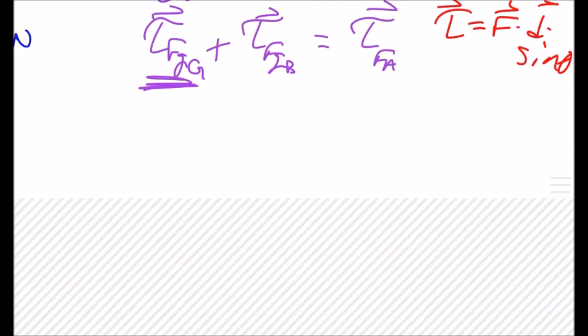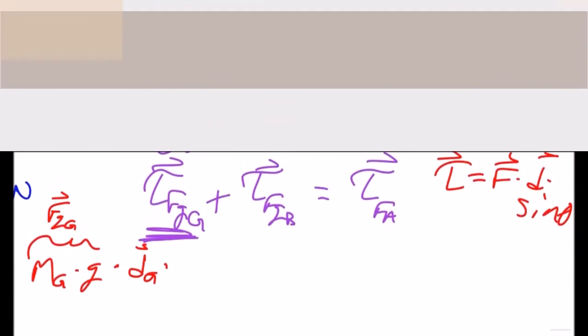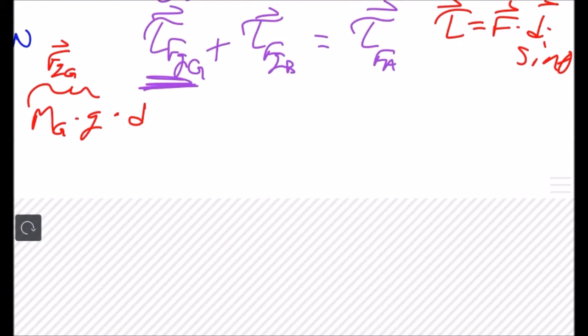So he's going to say the mass of the girl times little g, and all of this is the force of gravity on the girl, times, what's the next piece? The lever arm out to the girl, times, yeah, the sine of the angle theta. Theta in this case would be what? 90 degrees, so the sine of 90 is 1, so we don't have to mess with that.